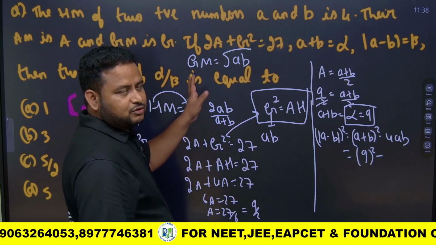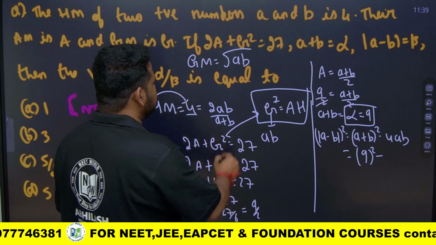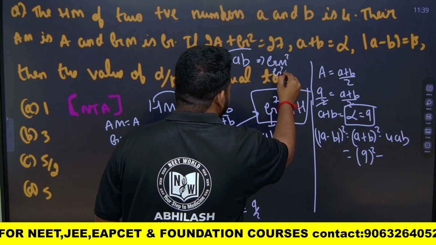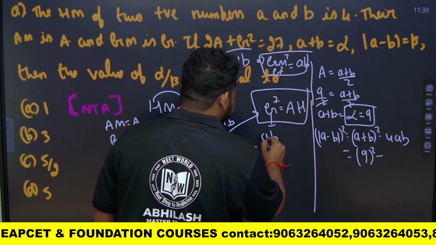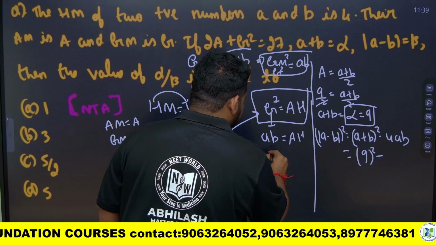So G square is equal to AB. So AB is equal to AH.